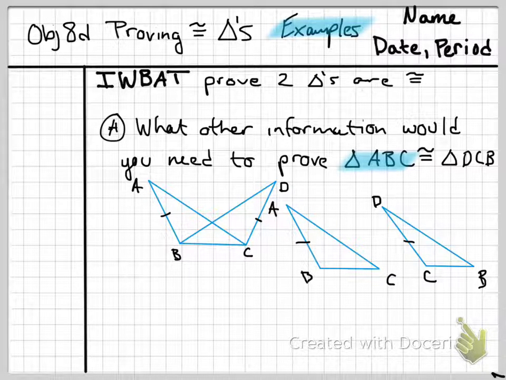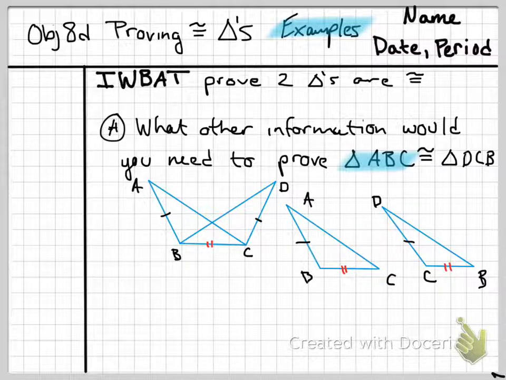It's like we flipped or took the mirror image of triangle DCB. Now there is some more information that we know. We know that line segment BC is congruent to line segment CB because those are the same line segment in our original diagram. So we do know that we have those two pieces of information also.